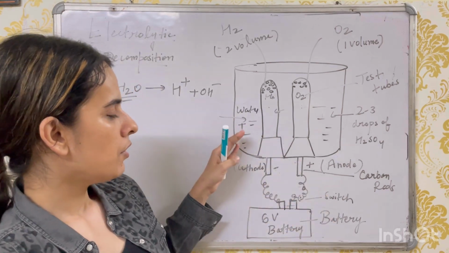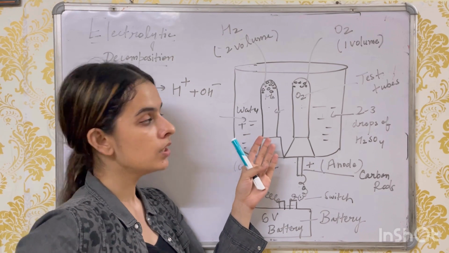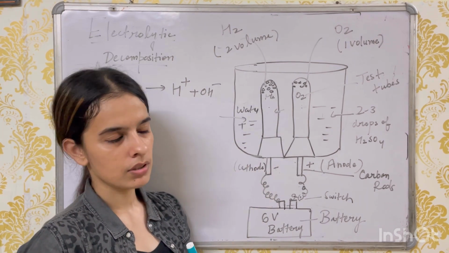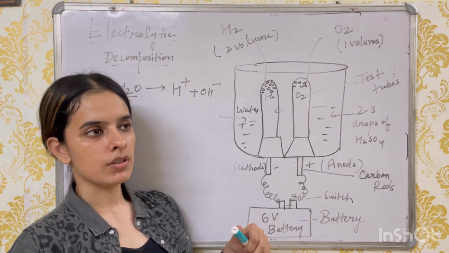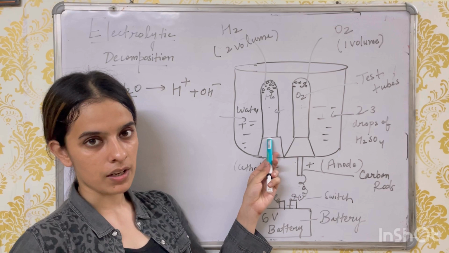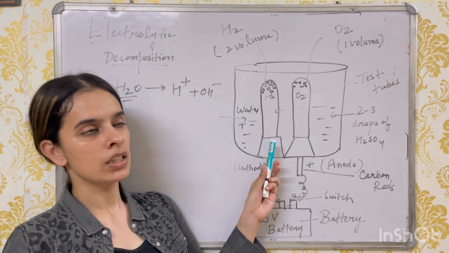When we take the burning candle to the cathode tube, a pop sound starts producing. That pop sound gives us the result that yes, hydrogen gas is there in this test tube, because hydrogen gas burns with a pop sound.